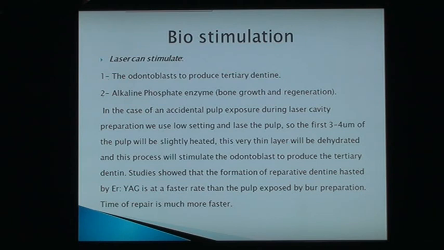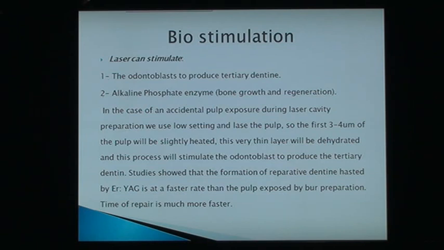In the case of an accidental pulp exposure during laser cavity preparation, we use low setting and lase the pulp. So the first 3 to 4 micrometer of the pulp will be slightly heated. This very thin layer will be dehydrated, and this process will stimulate the odontoblast to produce the tertiary dentin.